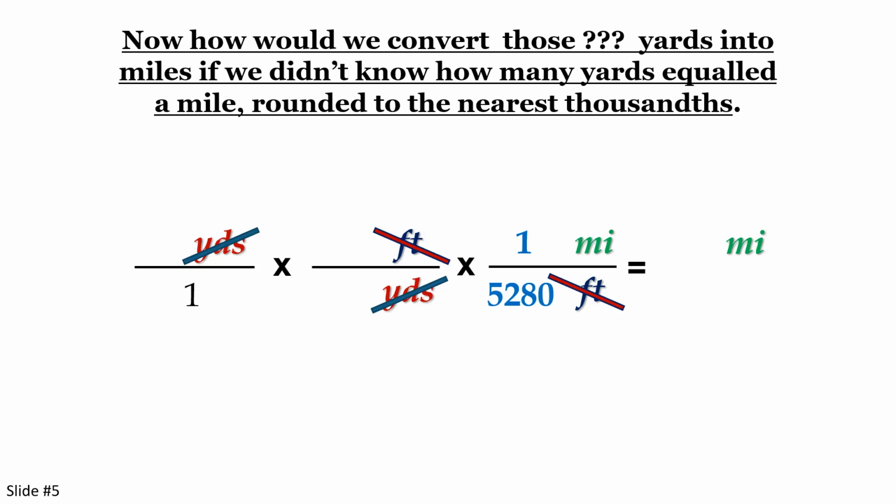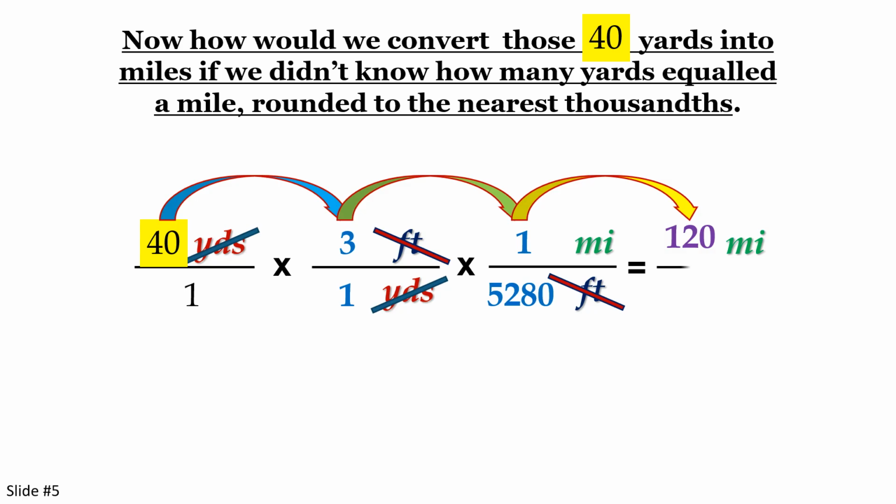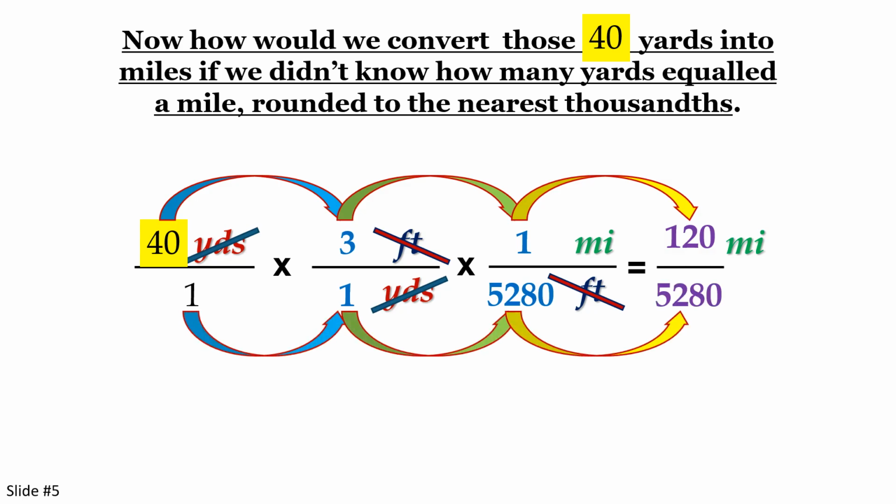So 1 mile is 5,280 feet. We know that 1 yard is 3 feet. And we're back to 40 yards again. So now I end up with 120 over 5280.